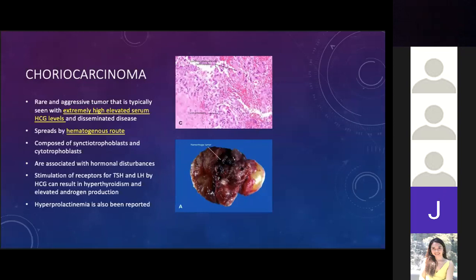Usually the stimulation of receptors for TSH and LH by HCG can result in hyperthyroidism and elevated androgen production. Hyperprolactinemia has also been reported. The metastasis includes the lungs, the liver, and the brain. And usually for choriocarcinoma, the areas of hemorrhage and necrosis are prominent, like here.